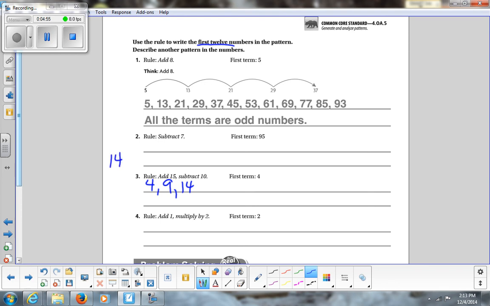So 14 plus 15. Oops, that's not right. 18 plus 15, that's 33, minus 10.